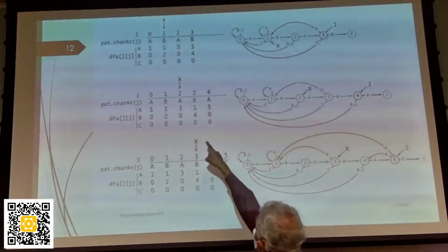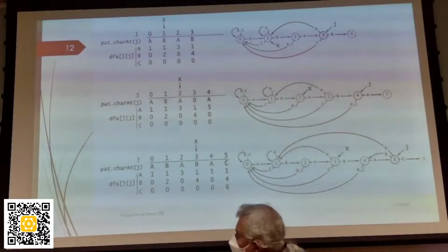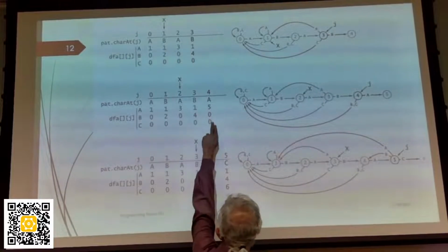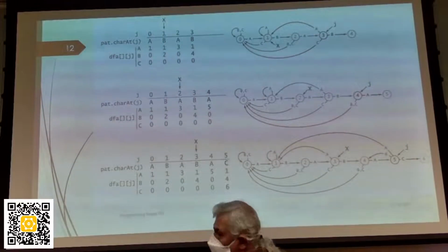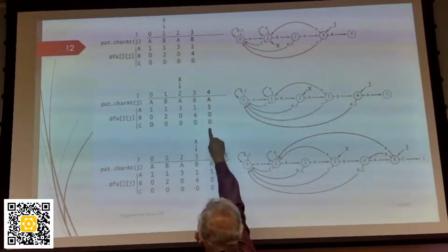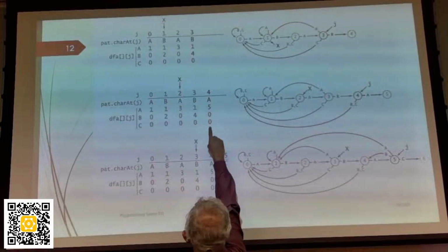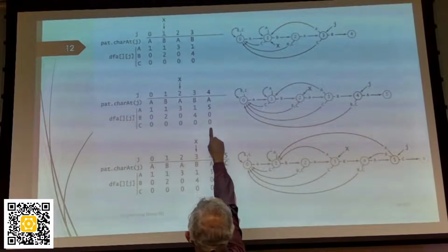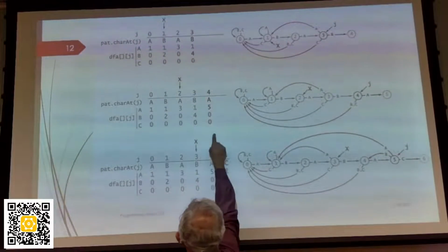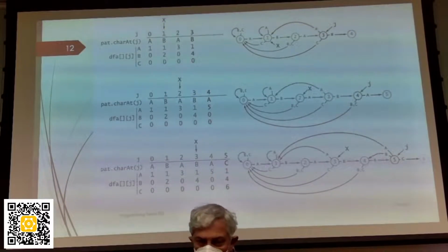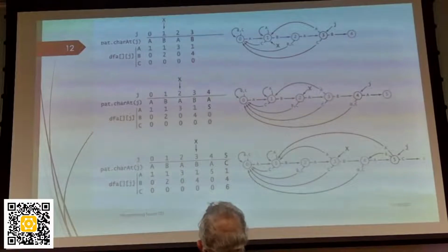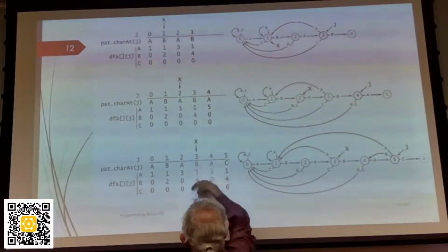Now let's see if we can figure that out from here, right? Okay, so we have X over here, so we copied it. We fixed the first row because that character was an A, right? That part is fine. Now we have to figure out what the new value of X is. The new value of X is whatever this column tells us we should do when we see an A. And that, it says go to 3, so that's why X is 3.